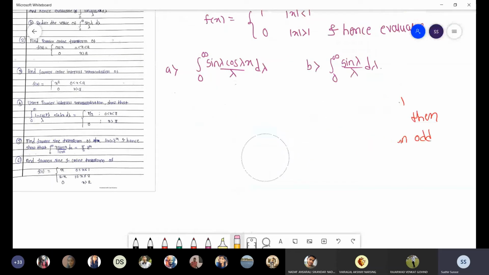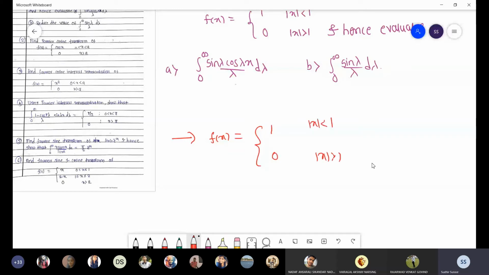Now we have the example here, function f of x. f of x is defined as 1 for mod x less than 1 and 0 for mod x bigger than 1. Okay, so mod x less than 1, what does it mean? Can you tell me?